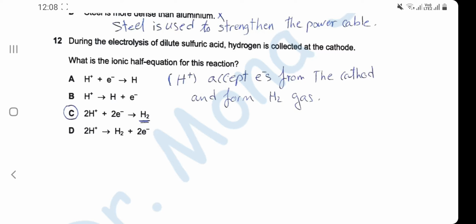Two protons will accept two electrons to form H2, which is a gas. If you look at the equations here, you will find only answer C has H2 gas as the product. The gas collected at the cathode will be H2 gas. So we have two H plus ions that take two electrons to convert into hydrogen gas, and answer C is the only correct one.